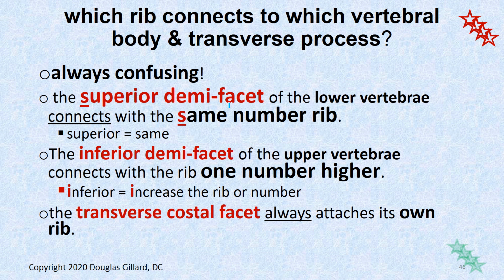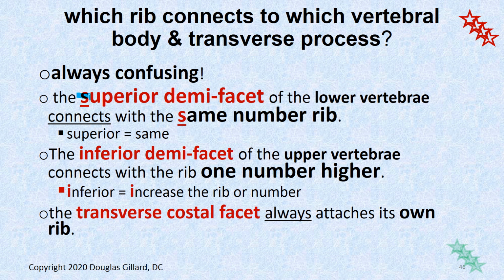Now, look at all the stars here. You're always going to get a question or two on this: which rib connects to which vertebral body and which transverse process? I kind of told you already, but the superior costal demifacet, I need to add costal in there, always connects to the same number rib.